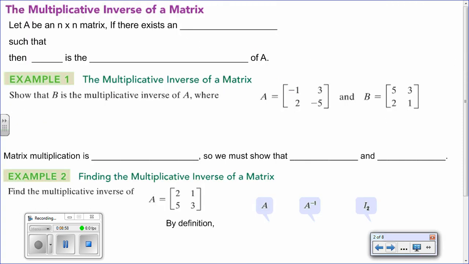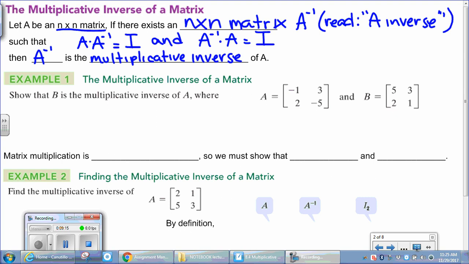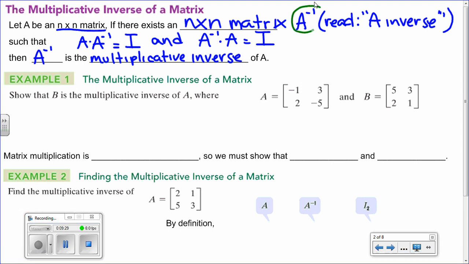Okay, so moving on, we're going to let A be an n by n matrix. That means that it is a square matrix. And if there exists another n by n matrix, A inverse, we do not say A to the power -1, we call it A inverse, such that the product of the original matrix times its own inverse gives you the identity.